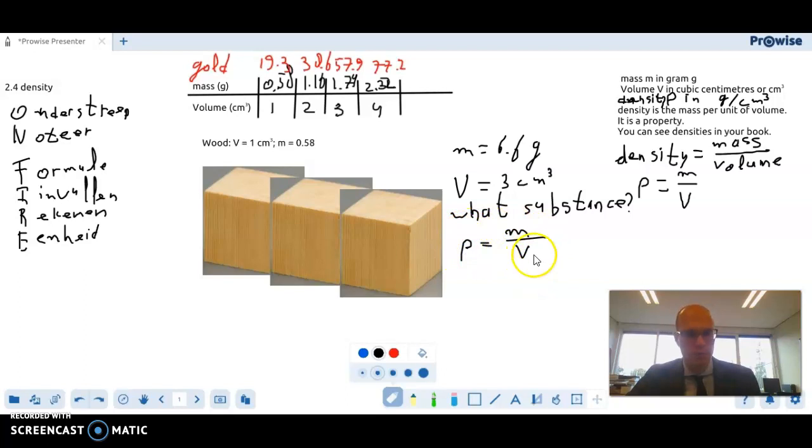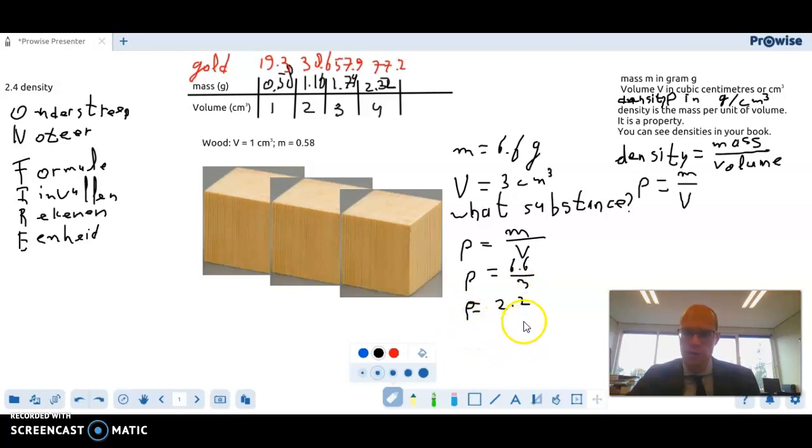And you get marks for writing down the formula, so please do. And you need to fill it in. The mass is 6.6, the volume is 3. Then rekenen, so you simply grab your calculator if you can't do this in your head, and you get 2.2.